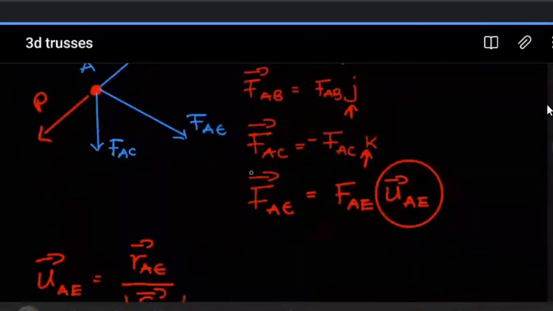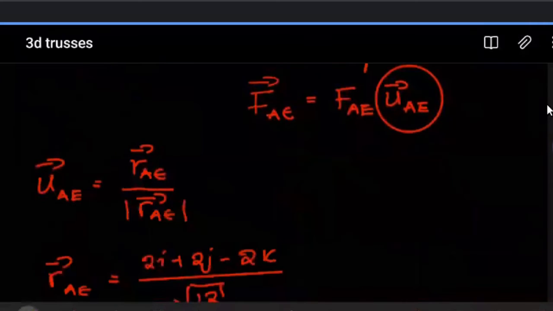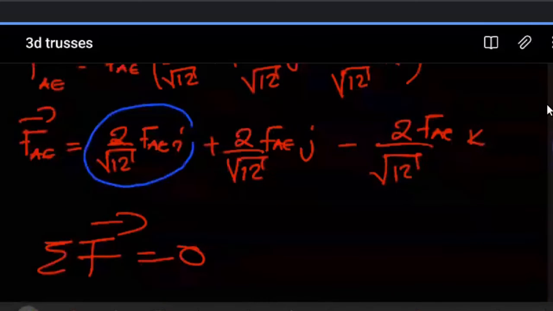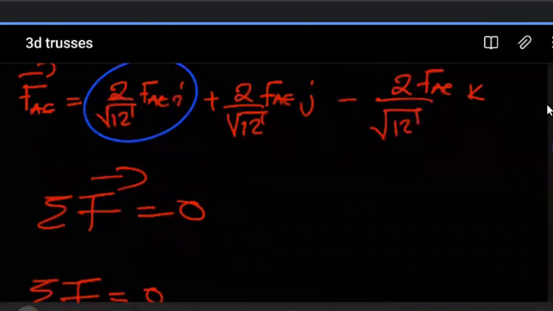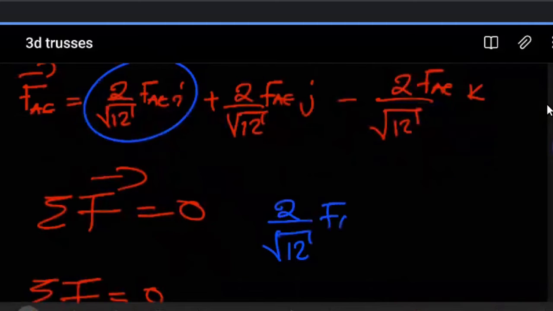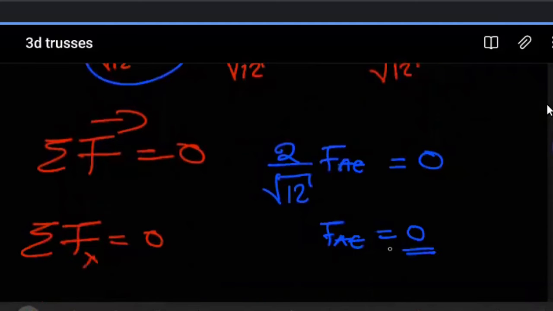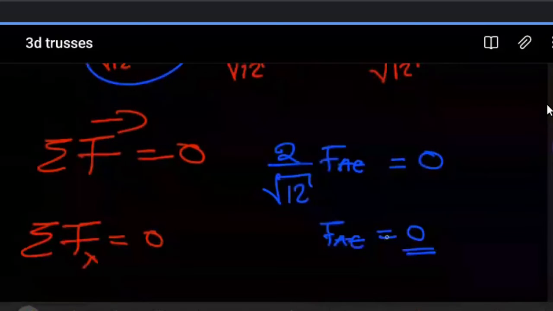For the third one, that's k, so that's not an x component, we bypass it. For the fourth force, do we have an x component? Yes, we do. i represents the x component. So we have 2 over root 12 FAE, the only x component present. Because it's the only one, this has to equal 0, implying that FAE has to equal 0. One of the forces has been determined. FAE must be 0.